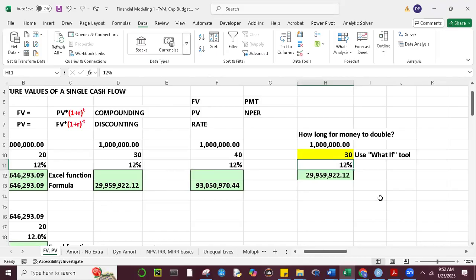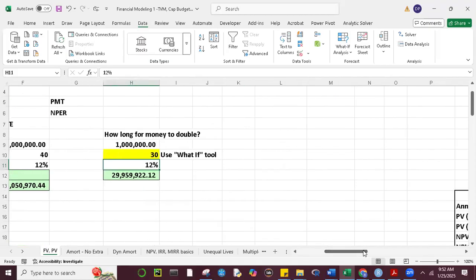So what we're going to do is make this double to 2 million by changing this number of years. That's the logic behind it. I want this cell to become 2 million by changing this cell.